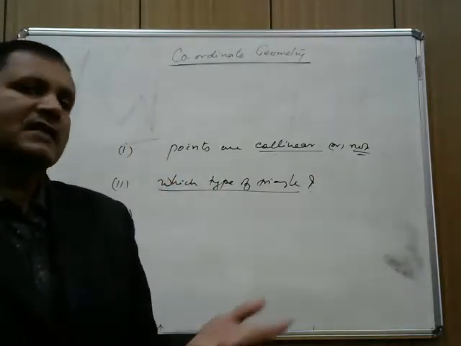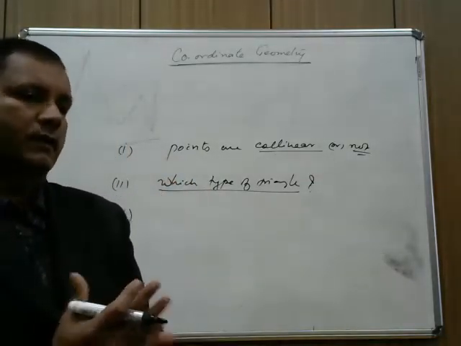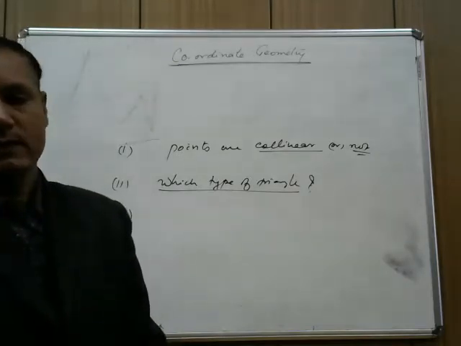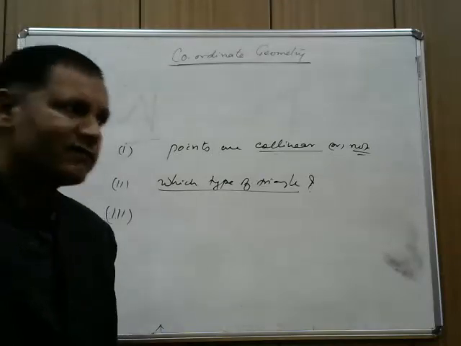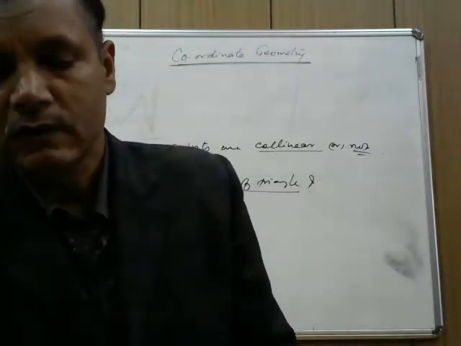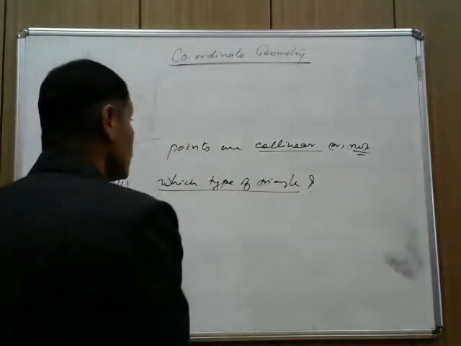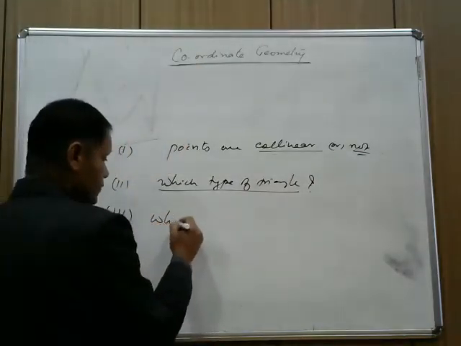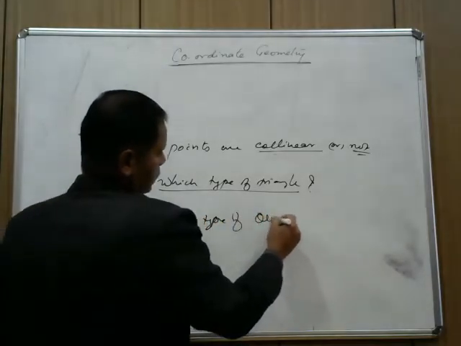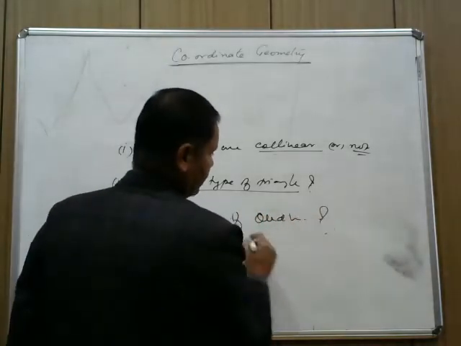If all the three sides are equal, it means equilateral triangle. If any two sides are equal, isosceles triangle. If the square of one side is equal to the sum of the squares of the other two, it means right angle triangle. Similarly, which type of quadrilateral it is, that also we can find out.